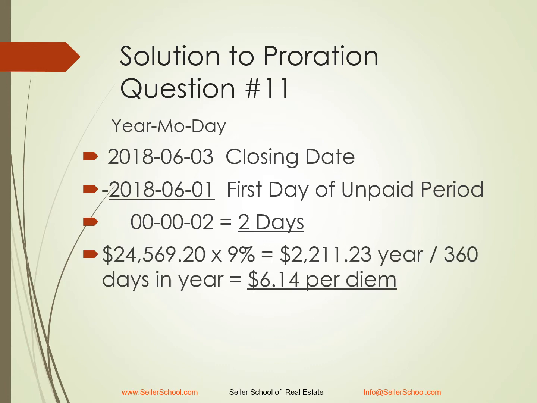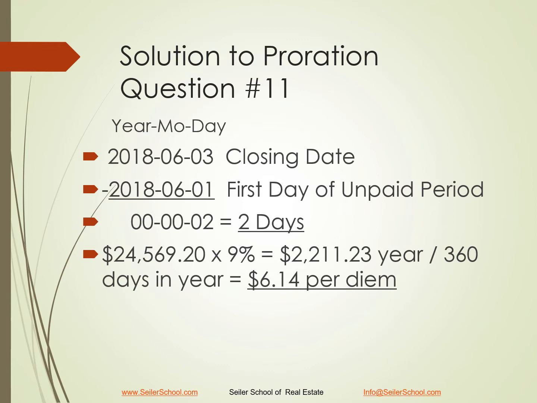That was a pretty easy one. Now let's figure out how much it is per day. It's $24,569.20 times 9% interest equals $2,211.23 for the entire year. To find out how much it is for each day, we divide by 360.